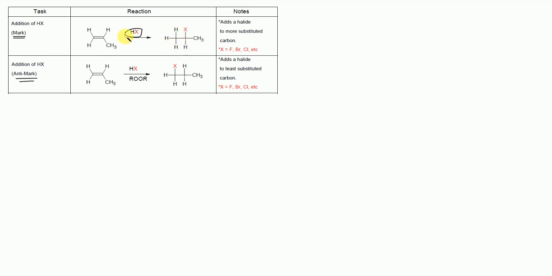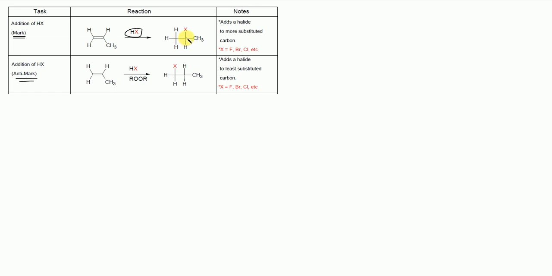We can promote the formation of a Markovnikov halide substituted product. What Markovnikov means essentially is addition of the halide at the most substituted carbon position. So Markovnikov means adding the halide in the position that is most substituted.